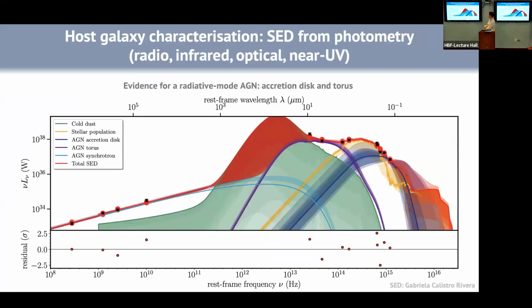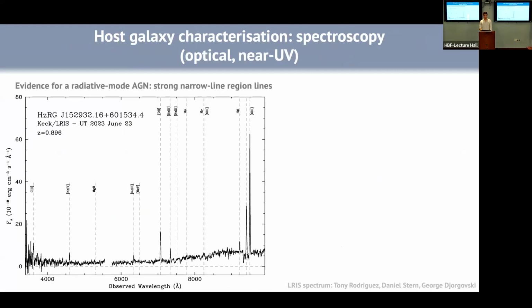We did some modeling of this source, and we have both photometry and a spectrum. This shows that our model prefers this object to indeed have a torus and accretion disk, indicative of a radiatively efficient AGN. And then we also took a Keck spectrum with LRIS that shows strong narrow lines.